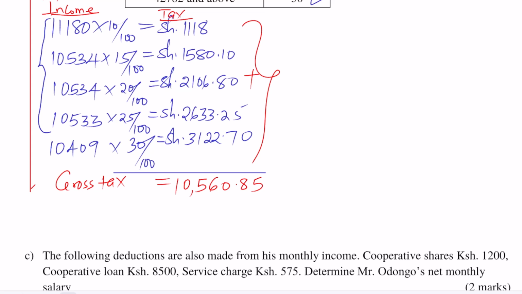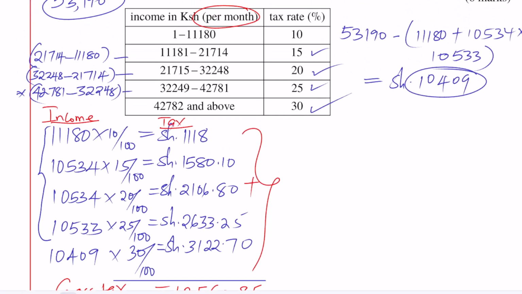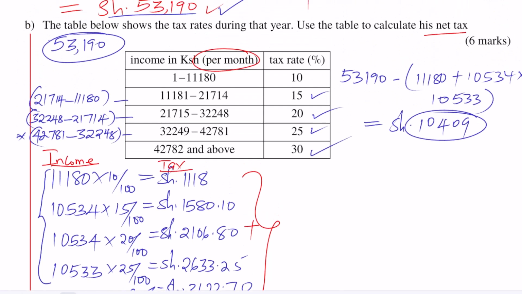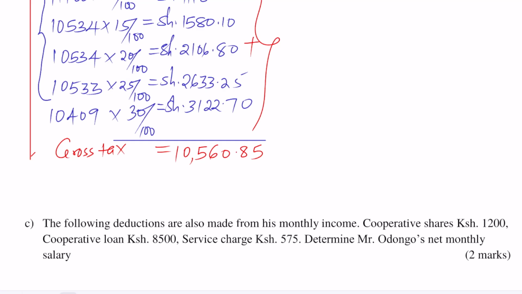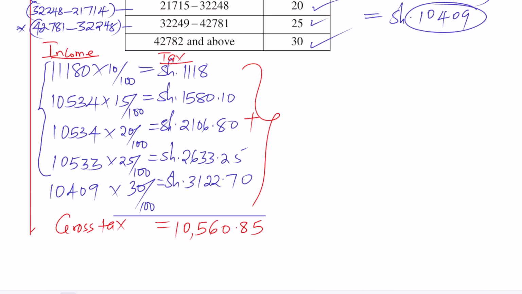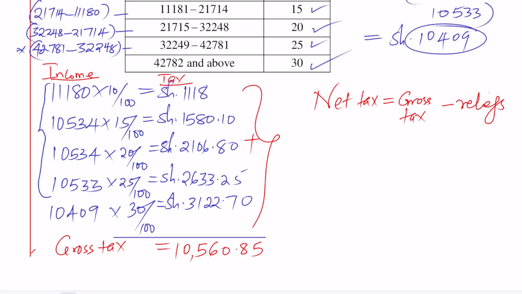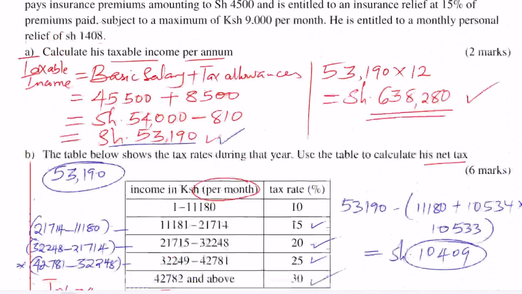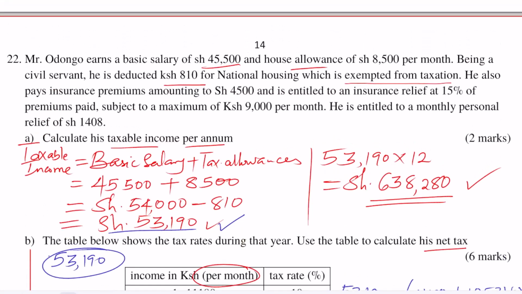Now, in order to get the net tax, because the question requires us to get the net tax, we take the gross tax, then you subtract all the reliefs. So we have two reliefs here. The first one is the one given here on the premiums.